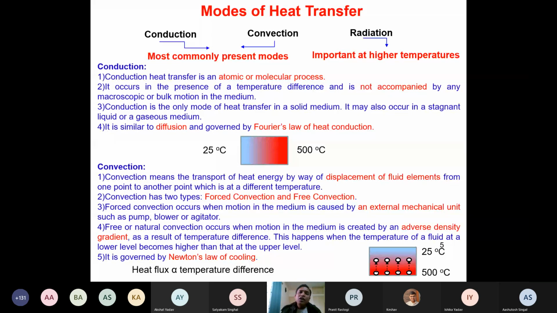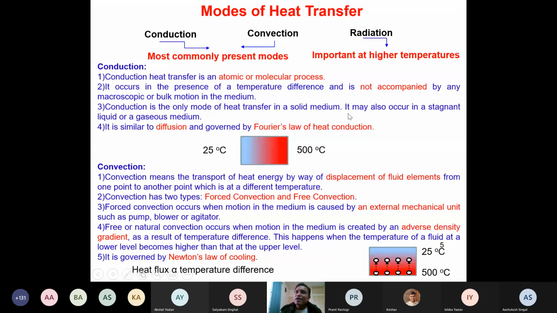Conduction is the only mode of heat transfer in a solid medium. So when we are looking at a solid medium, conduction is the only mode. It may also occur in stagnant liquid or gaseous medium, but for liquids and gases, the most governing mode of heat transfer is convection.